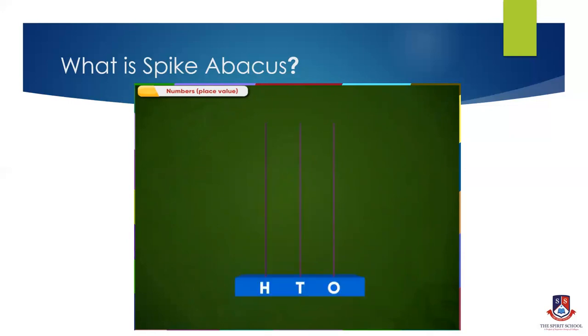Let us see how to count numbers in an abacus. 1, 2, 3, 4, 5, 6, 7, 8, 9, 10, 11, 12, 13, 14, 15, 16, 17, 18, 19, 20.